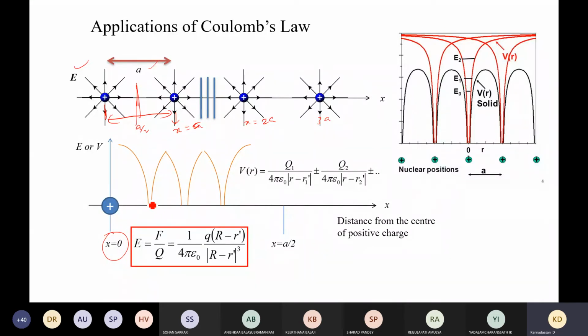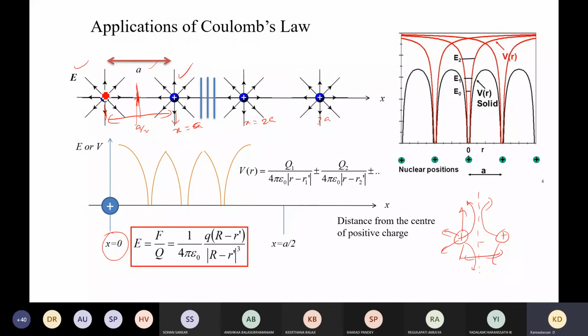Since all of them are positively charged, at the center you will get the electric field equal to 0, because if there are two positively charged particles kept at a particular distance, they tend to repel each other. So if you calculate the electric field at this particular point, it definitely is 0. That is what makes the electric field equal to 0.